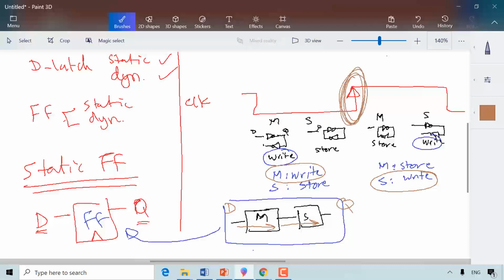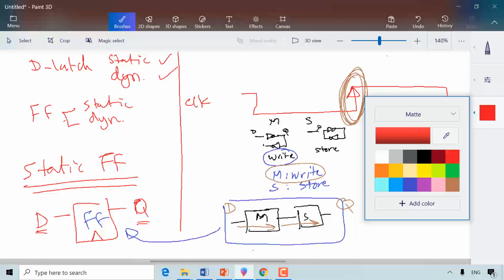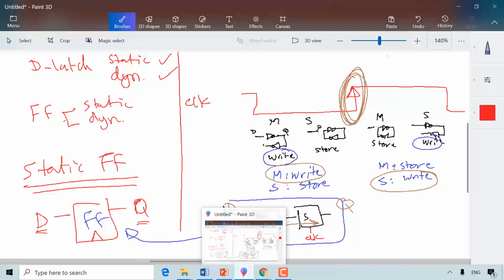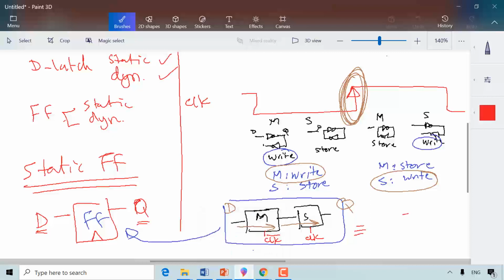Okay, and to achieve this, you activate this latch here by a clock bar, and this latch here by a clock. That's why the way we build this, we draw it as two latches.